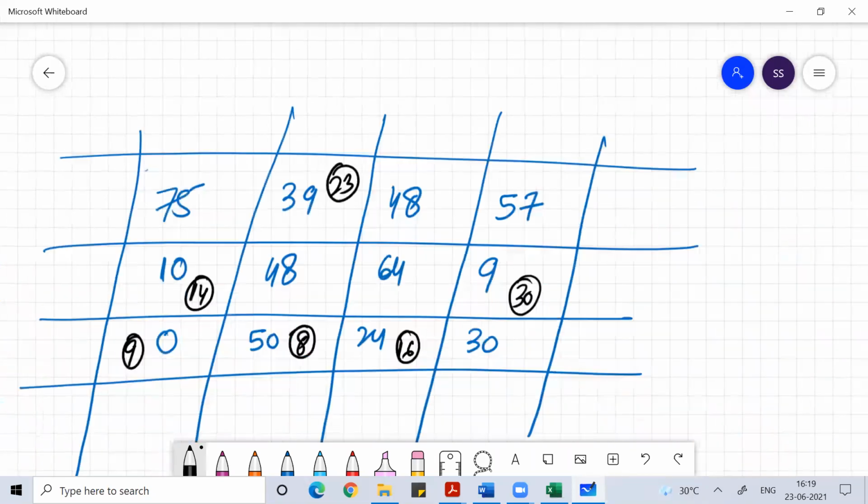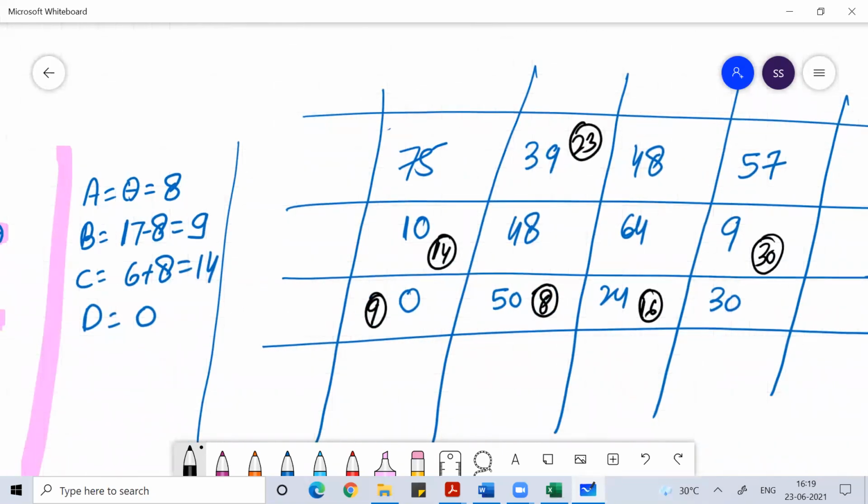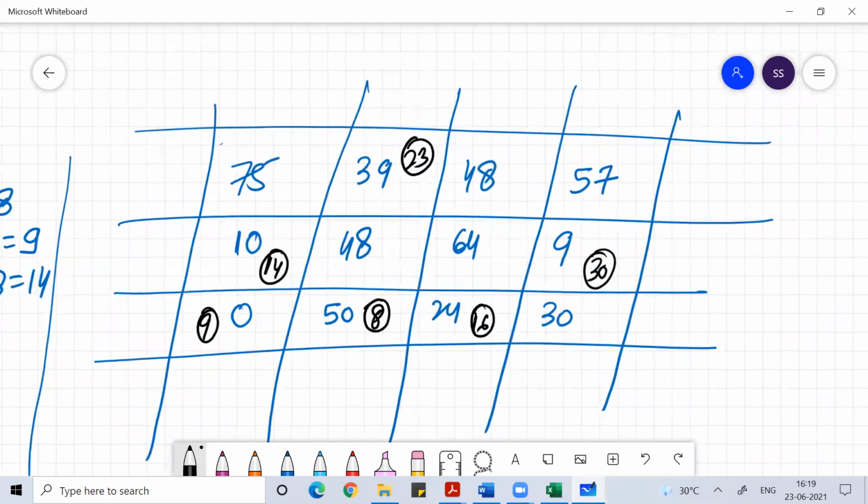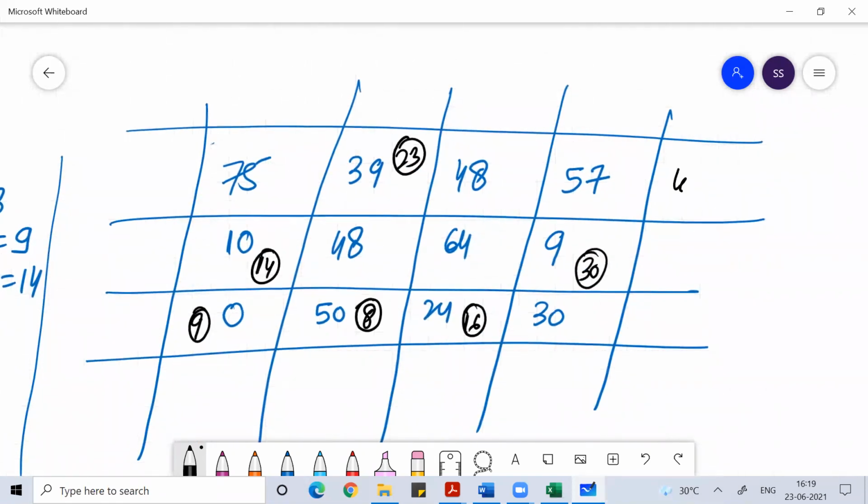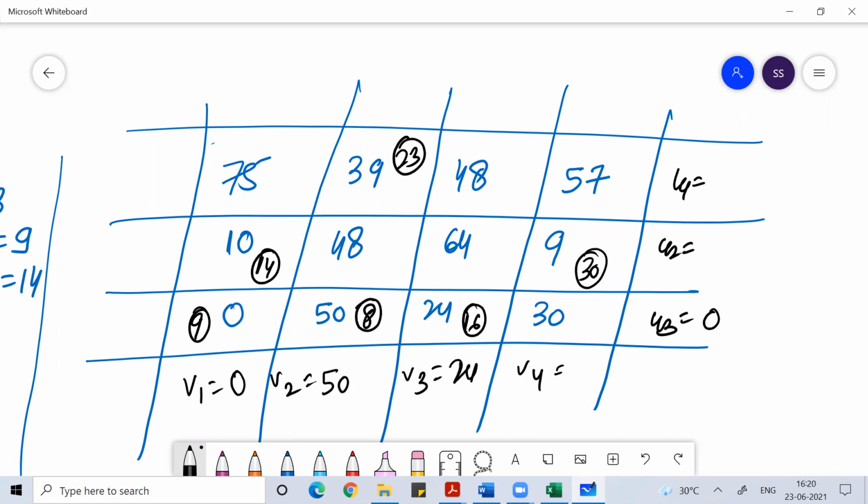We did this allocation, but we don't know if this is ideal or not. For that we have to check the optimality. So again I'll write U1, U2, U3, then V1, V2, V3, V4. I'll put this as 0, and this became 9 allocation. Now focus on cost. This cost is 0, here cost is 50, here cost is 24, then this cost is 10.